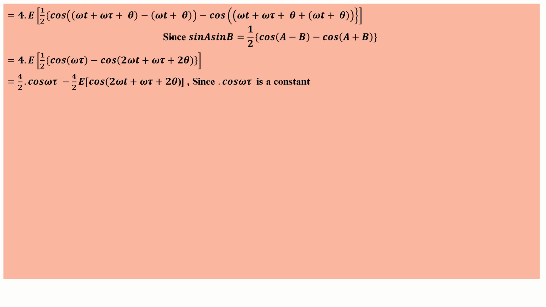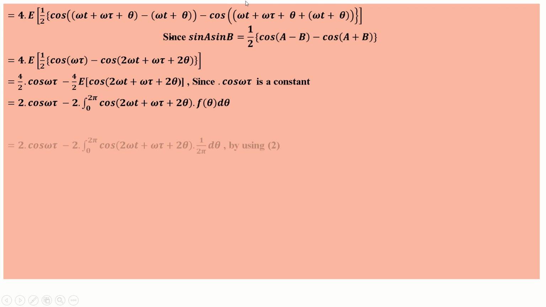As usual, cos omega tau is a constant with respect to expectation, so the expected value of a constant is the constant. So 4 by 2 cos omega tau minus 4 by 2 expected value of cos 2 omega t plus omega tau plus 2 theta. So 2 cos omega tau minus 2, again applying the expectation formula, integral 0 to 2 pi of cos 2 omega t plus omega tau plus 2 theta into f of theta, 1 by 2 pi, d theta.